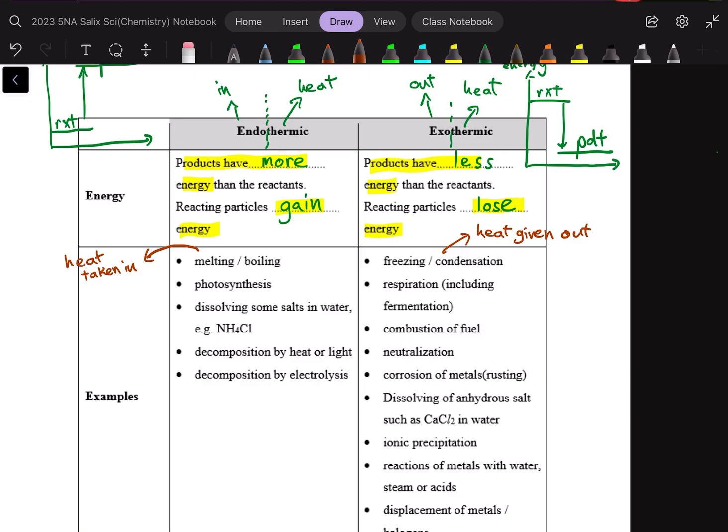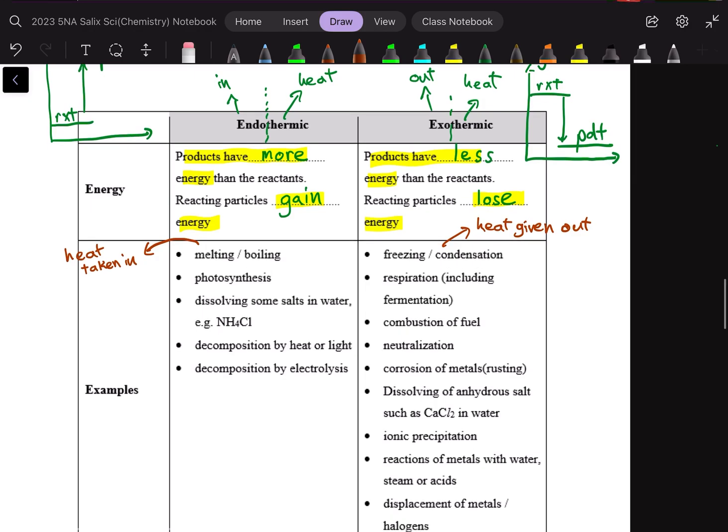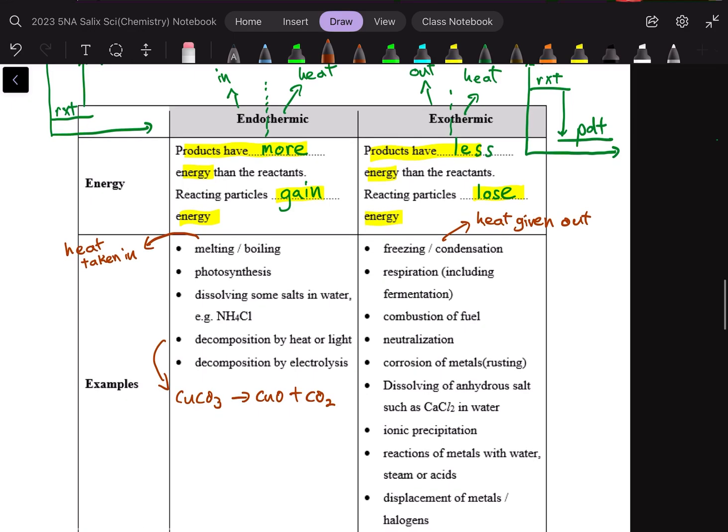Decomposition also, for example by heat, by light. I can give you some examples if you would like, for example copper(II) carbonate decomposition, things like this. Electrolysis is also decomposition, but using electricity.